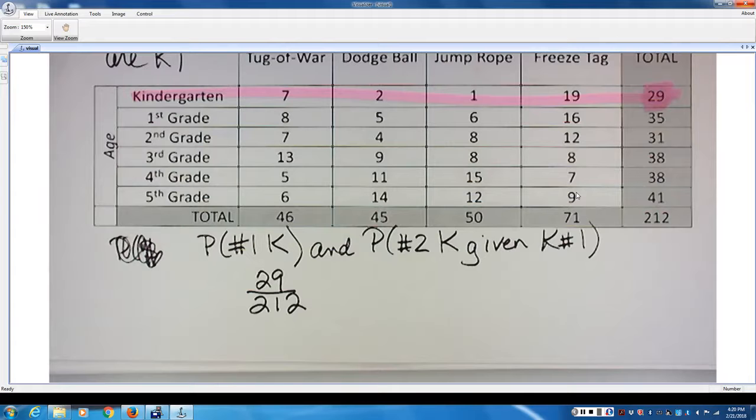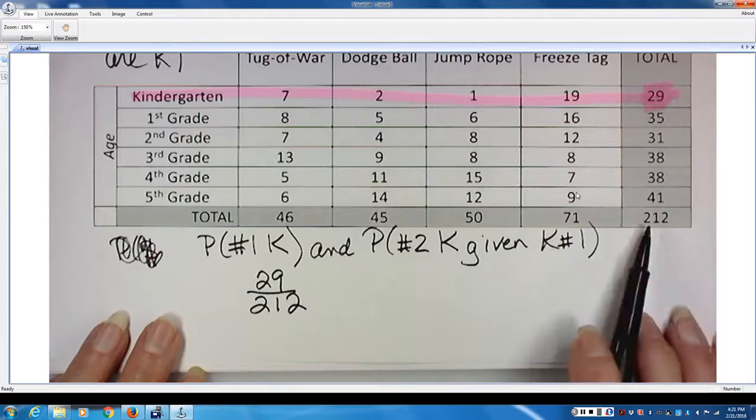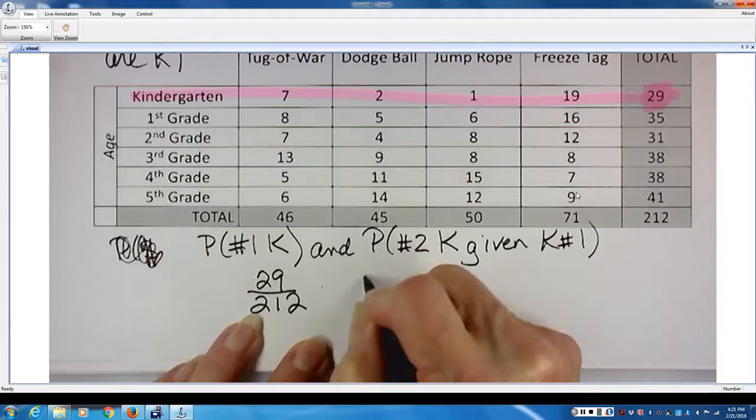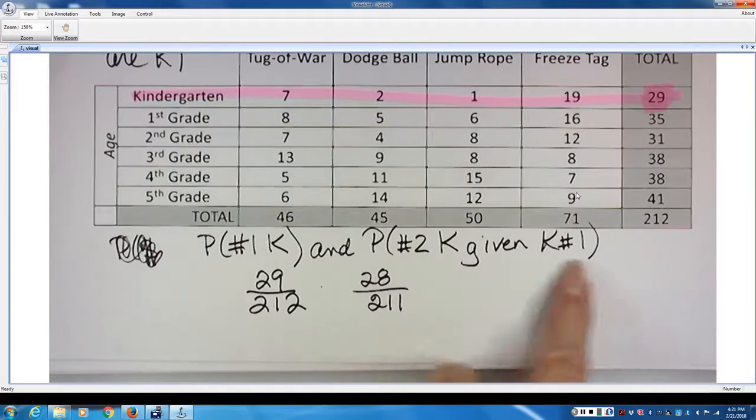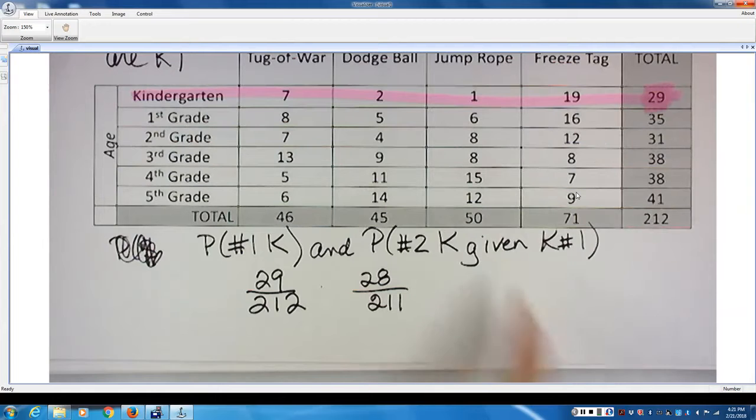So, what's the probability now that if I draw another kid out of that group, I'm going to get a kindergartner? Okay, 28 over 211 because I've lost a kindergartner and I've lost a student. And that's why I put that part about given kindergartner number 1, because I kept that one out.